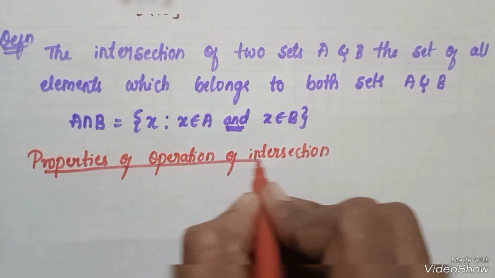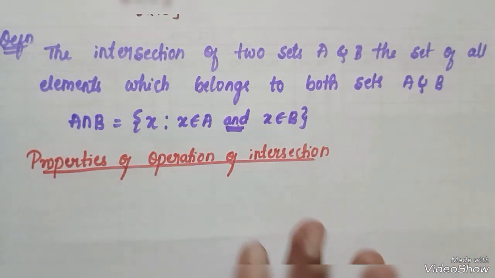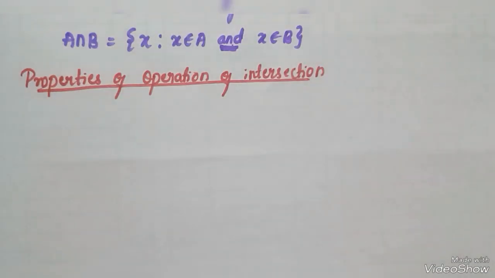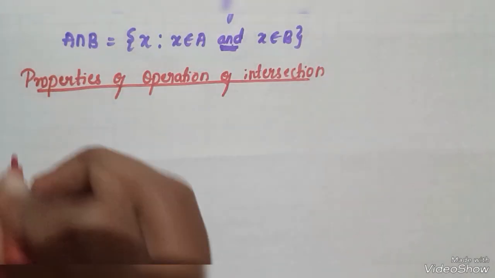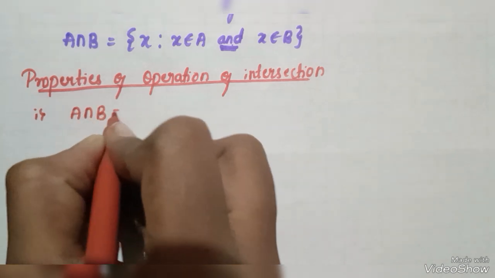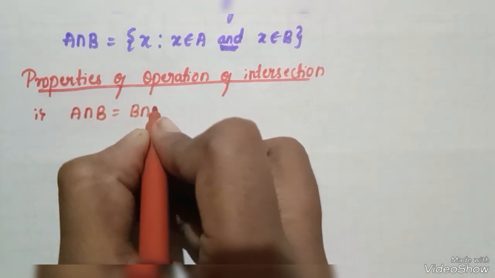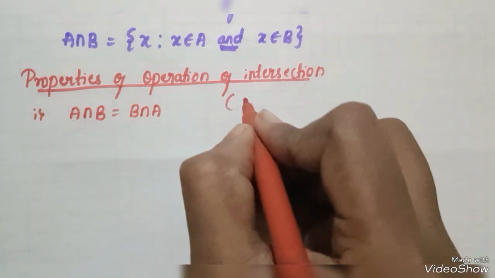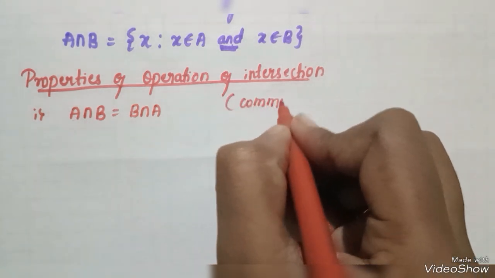The first property is A intersection B is equal to B intersection A. We have taken two sets, and it is the commutative law.